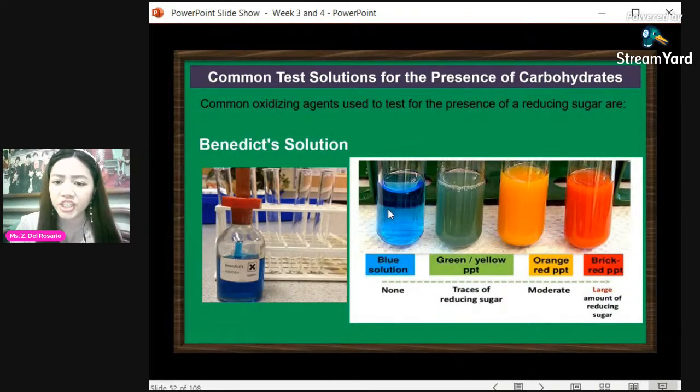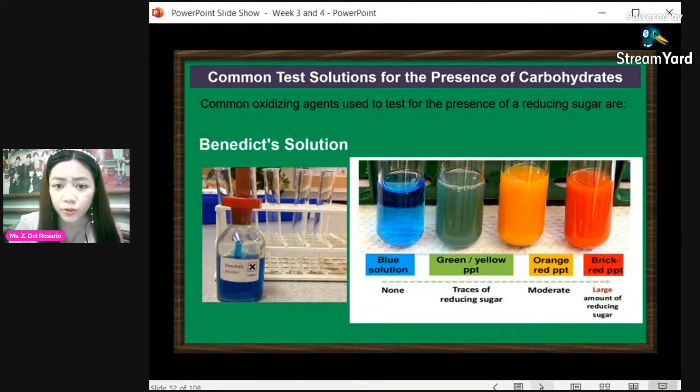If it changes into green or yellow, there are minimal traces of reducing sugar. And if it turns orange or red, there is a moderate amount of reducing sugar. And if it results in a brick red color, there is a large amount of reducing sugar.